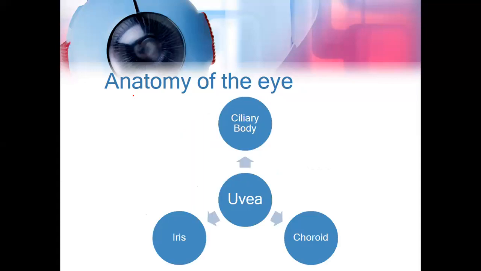As you know, the middle layer of the eye is also known as the vascular layer, and also as the uvea. So the uvea, or middle layer, has three structures: the ciliary body, the iris, and the choroid. Okay, and here we have something else.